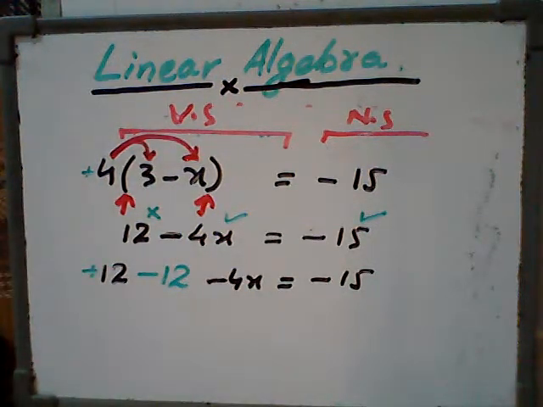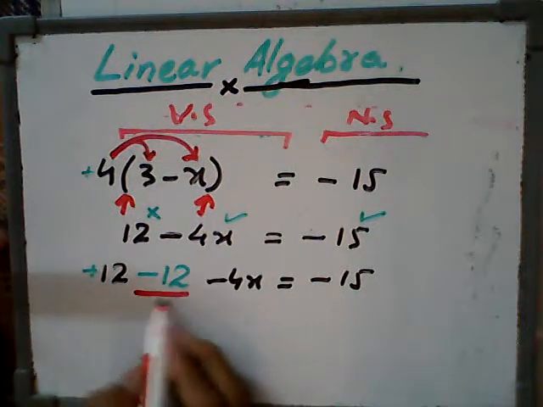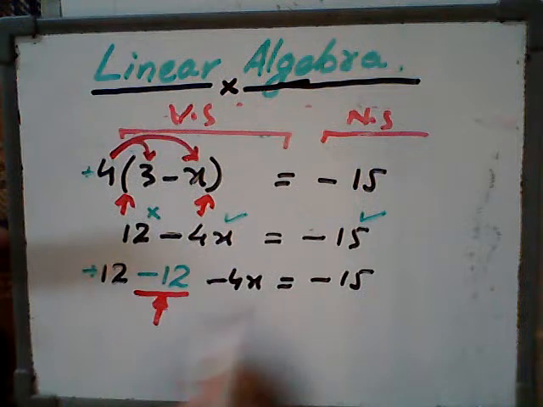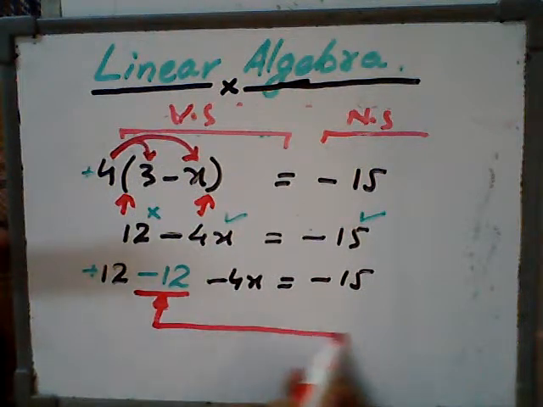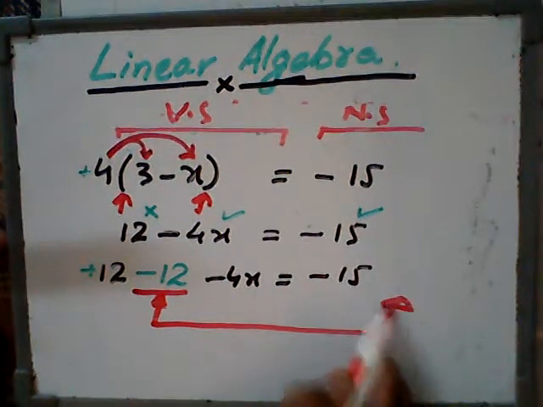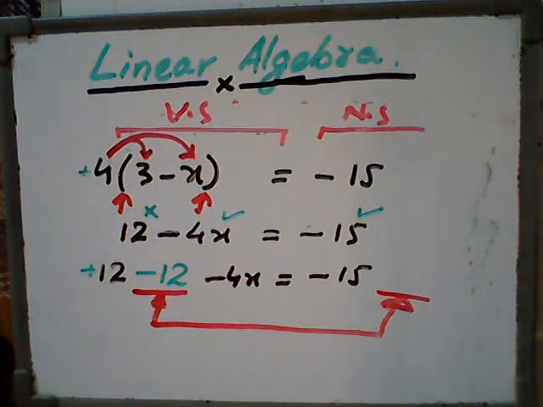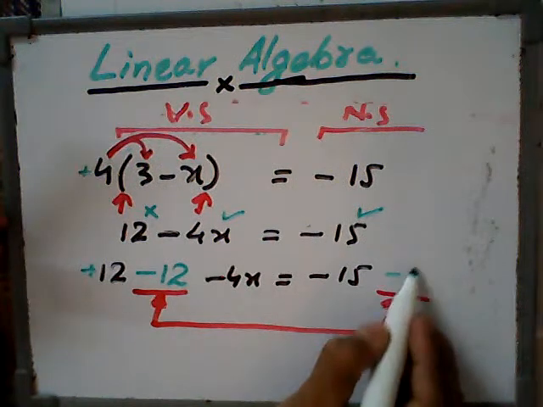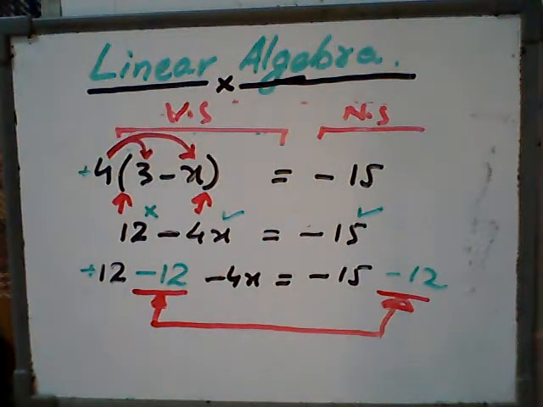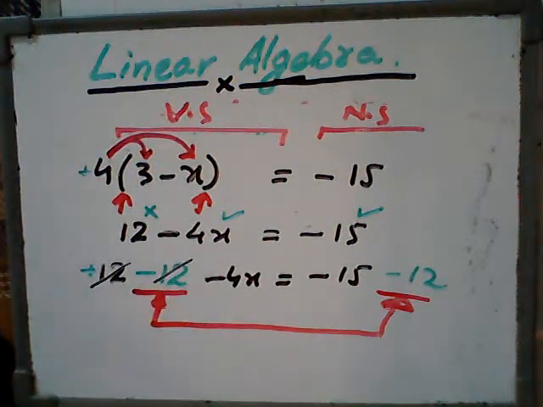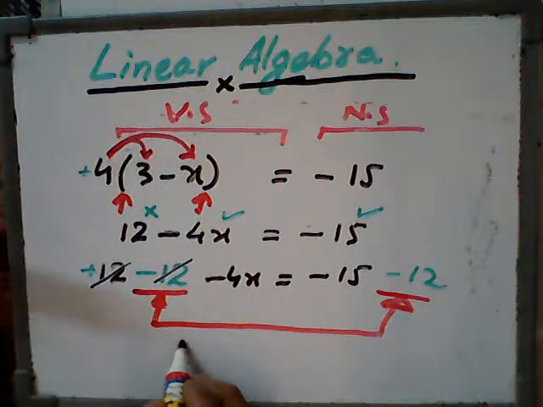So this is minus 12, and if this is done here, it makes the equation unbalanced. So we'll do the same thing on the other side to keep the equation balanced. So we'll write the same thing on the other side, minus 12. So plus 12 minus 12 is cancelled now, and the only remaining thing is minus 4x.